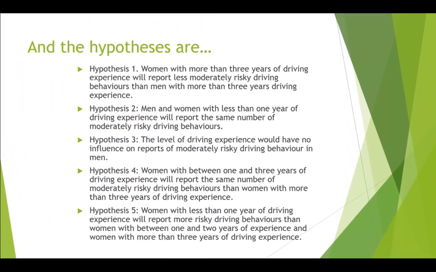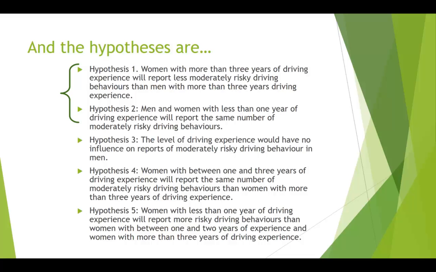Hypothesis 1, women with more than 3 years will report less risky driving than men at that same level of license. Hypothesis 2, men and women with less than 1 year, so P1s, at that level, men and women don't differ. Okay, so those first two hypotheses are about comparing men and women.